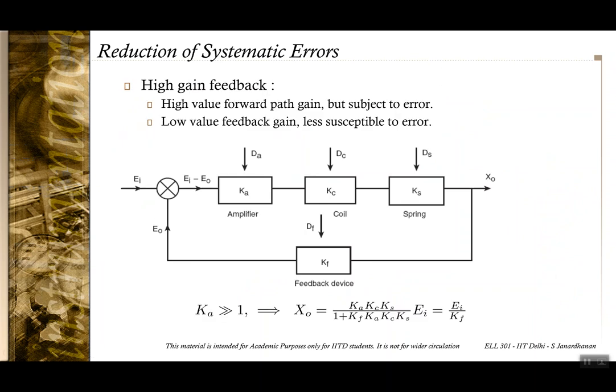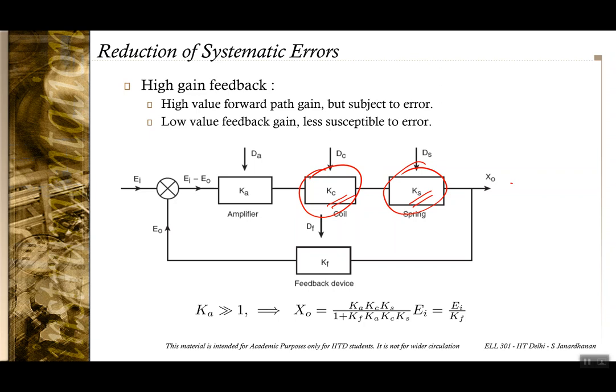Another way is to use a high gain feedback. So basically this is used when you know that there are a lot of factors that affect your final reading, and you are not really clear about the range in which these factors can change.